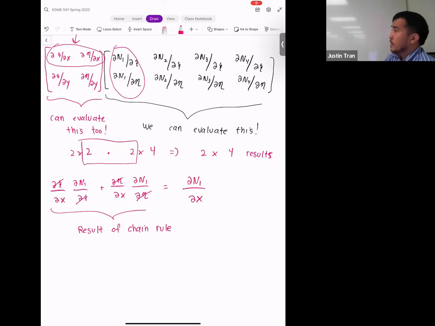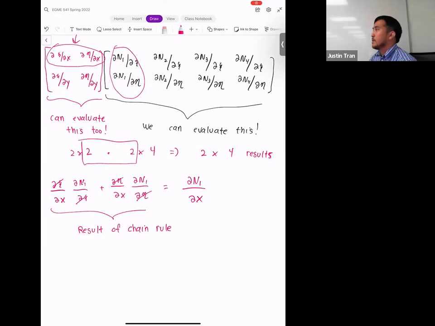If you recall how the chain rule works, if your function n is a function of one or two variables, but then you take the derivative of it with respect to a different variable, then this is how you evaluate the chain rule. First you take the derivative of the function with respect to the variable that it is a function of, which is epsilon and eta, and then you take the derivative of that variable with respect to the one that you're taking the derivative.